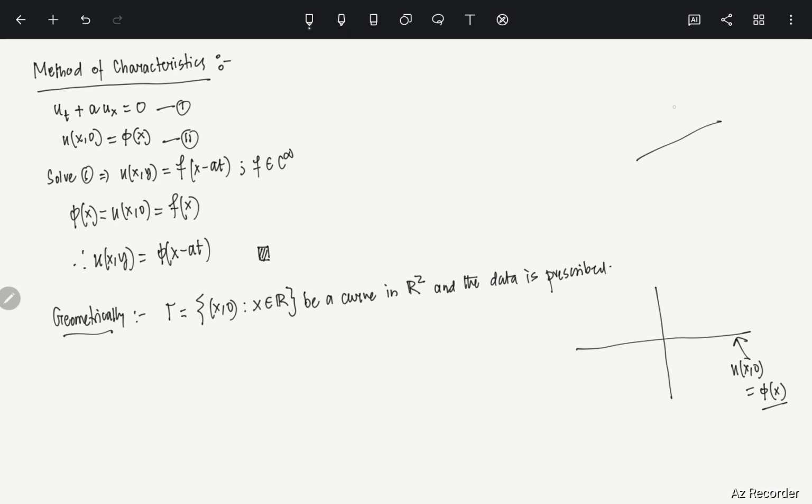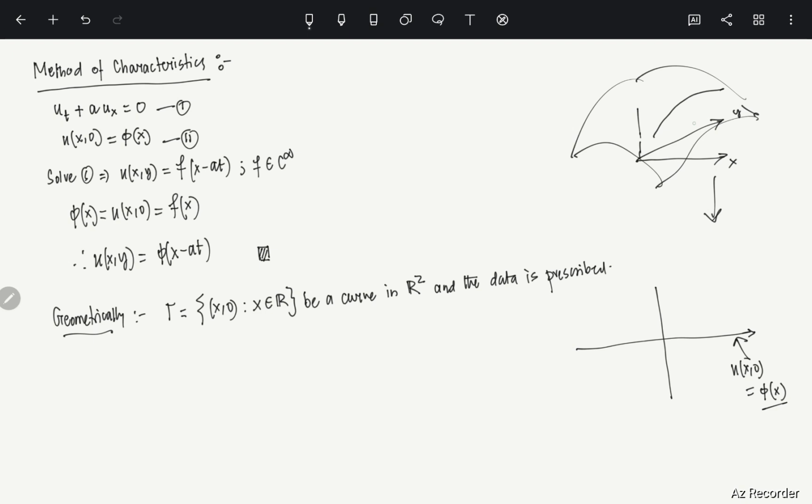Let's say this is our xy-plane, and the graph of this particular u will be somewhere here, in 3 dimensions. When you restrict this graph to y equals 0, basically the x-axis, that will give you some curve, and that is your initial curve.